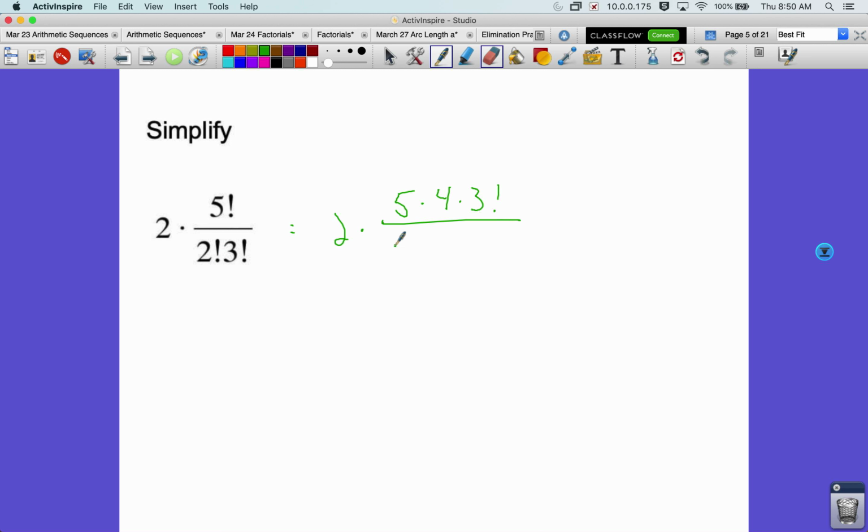I'll expand the 2 factorial, that's just 2 times 1, but the 3 factorial I'll leave as 3 factorial so that can cancel there. This 2 would go on top, but it can cancel with that 2 there, and all that's left is 5 times 4, which we know is 20. All right, so that might have been a little bit of overkill. You could have just plugged this one into your calculator, but it's good practice to practice all the canceling.